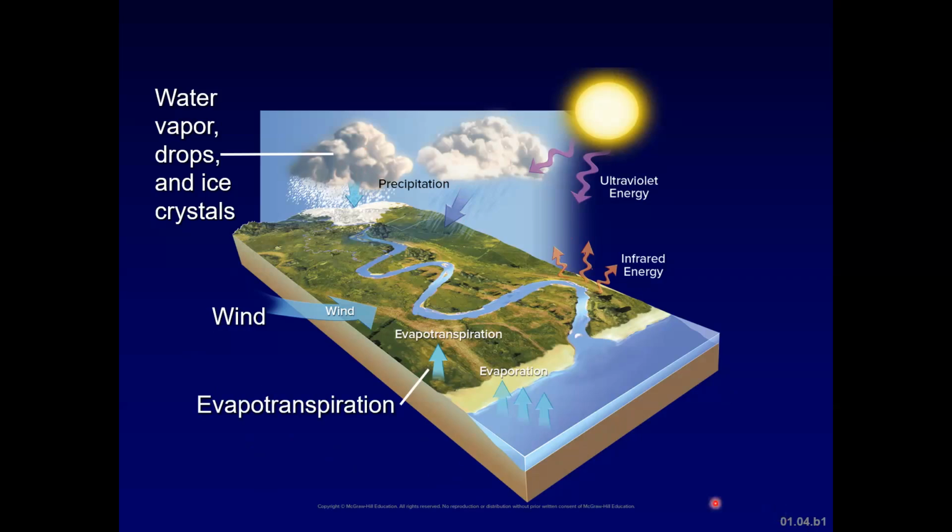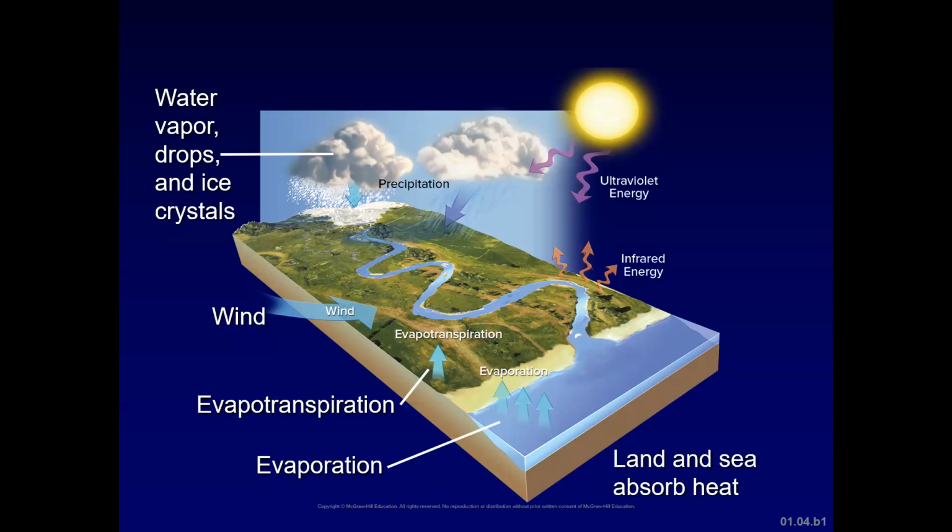And then evaporation with liquid water on the surface. It can evaporate and become water vapor in the atmosphere. Once condensed, it can come back down as precipitation.